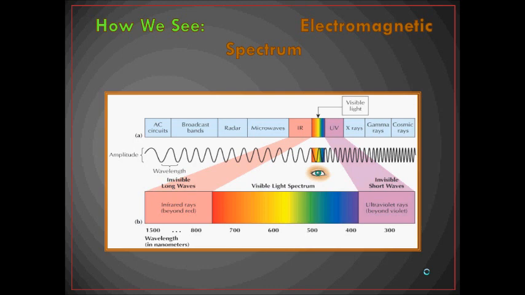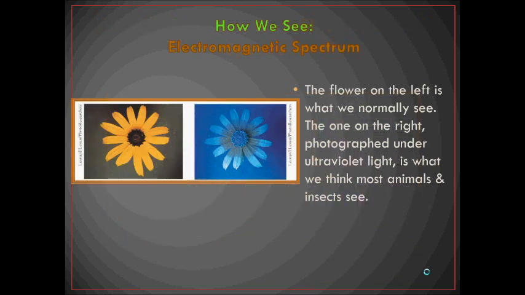For example, infrared rays and ultraviolet rays are on the closest opposite ends of our visible light spectrum. Going further to the short waves, we have X-rays, gamma rays, cosmic rays, and going into longer, slower waves, we have microwaves, radar, broadcast bands, AC circuits. So the range that we see is extremely narrow, but that's where all of our colors lie.